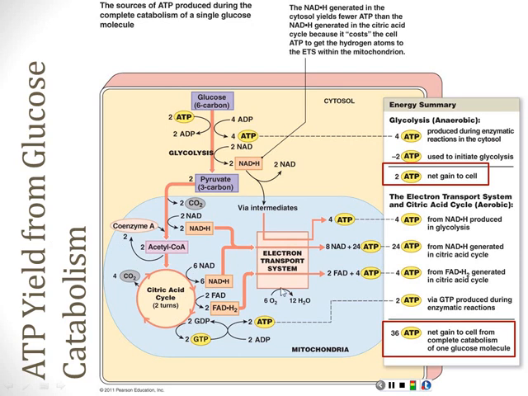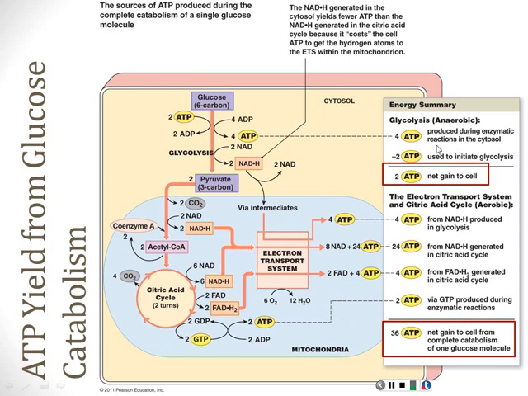All right, so ignore all this stuff because I've already given you the simple version that I want you to know. But the 2 red boxes are important. For each 6-carbon sugar, we get 2 ATPs from glycolysis, right, out here in the cytoplasm without needing oxygen. And then we get 34 more from what happens in the mitochondria.